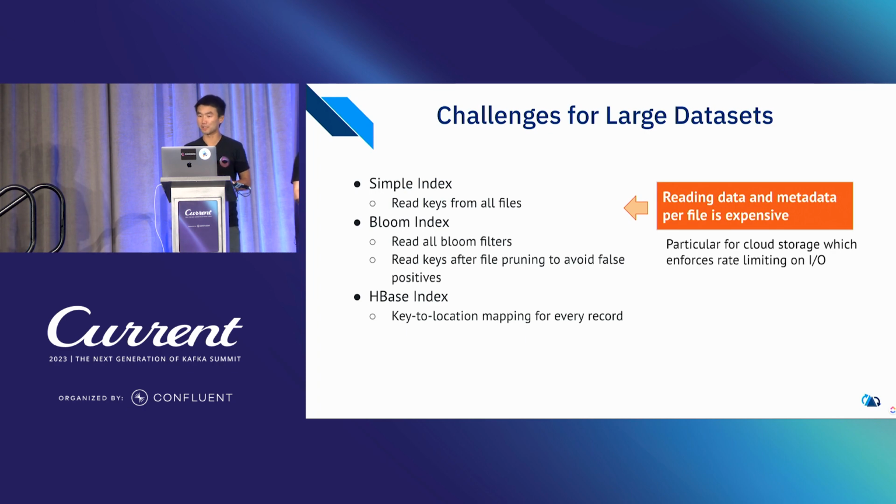This can be really expensive for large datasets with many files, particularly on cloud storage, because cloud storage enforces rate limiting on I/O, which means you can only send a certain amount of RPC calls to cloud storage to get the data. This creates a bottleneck in the indexing phase, especially when the table has so many data files.